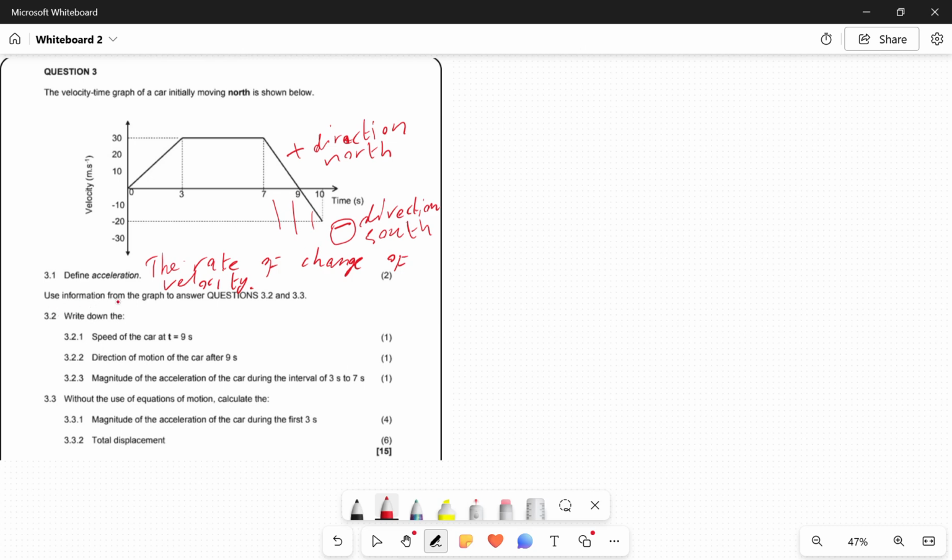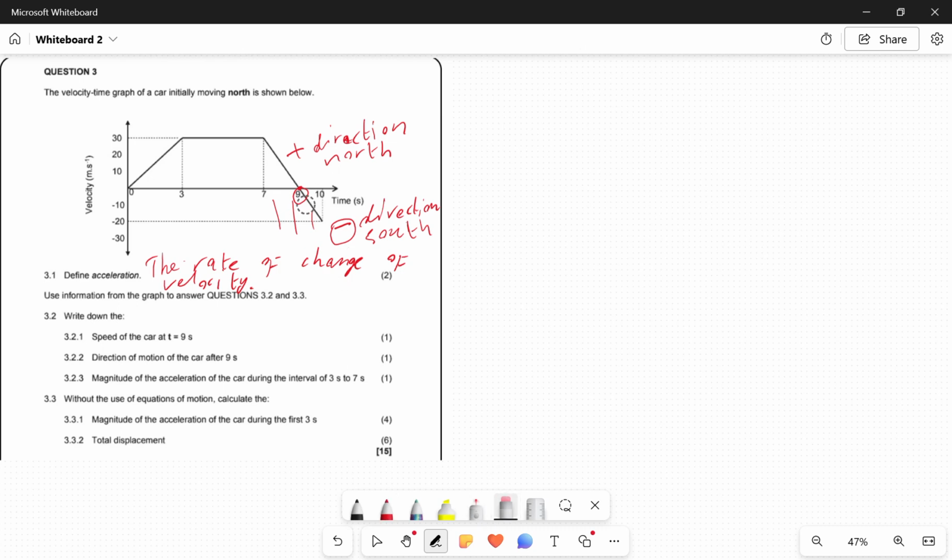They say use information from the graph to answer questions 3.2 and 3.3. 3.2 says write down the speed of the car at t is equal to 9 seconds. This is where our time is 9 seconds. Can you see that? This is our 9 here, the one that I've highlighted.